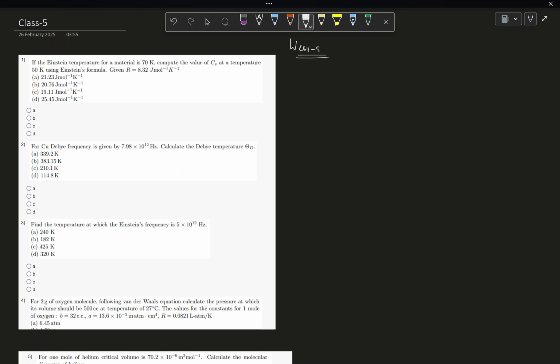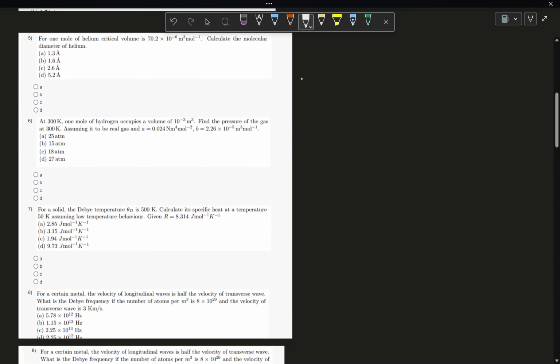Okay, so let us take our calculator and so on, because this will be a numerical sort of problem most of the time. So I will solve side by side. Okay, so let us ignore this part because this is the current assignment that you have.